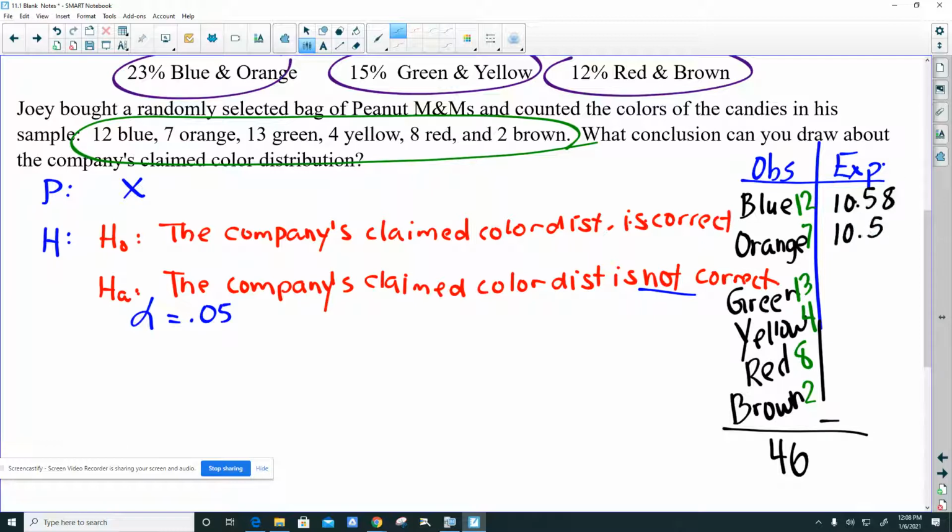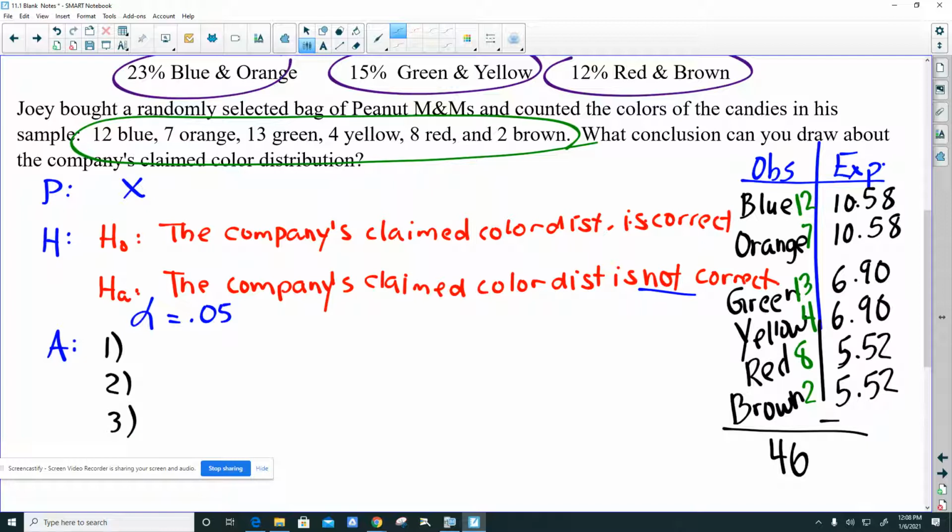So I should be expecting 10.58 of both blue and orange. 15% of 46 would be roughly 6.9 for green and yellow, and 12% of 46 is 5.52 for the red and the brown.